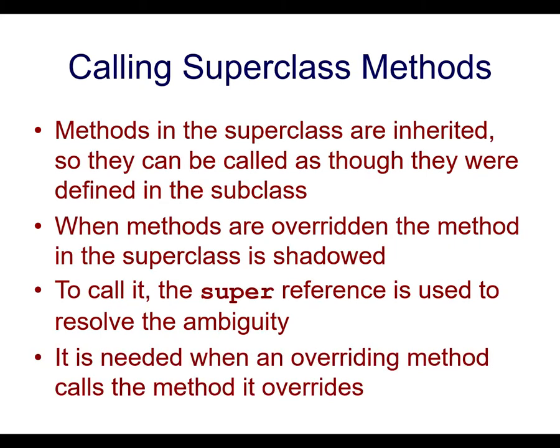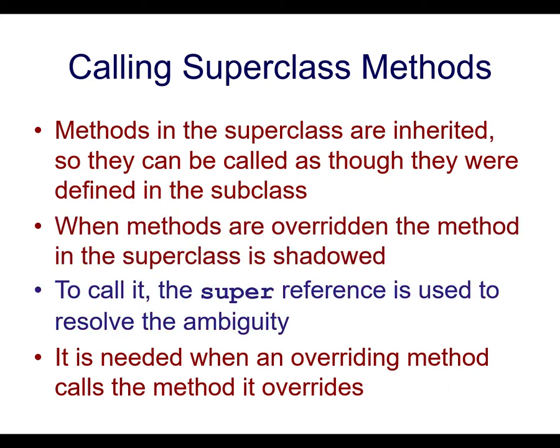Now, how a method defined in a superclass is called from a subclass depends upon whether it is overridden. Because methods in the superclass are inherited, they can be called as though they were defined in the subclass unless they are overridden. When methods are overridden, the overridden method in the superclass is shadowed in the subclass.